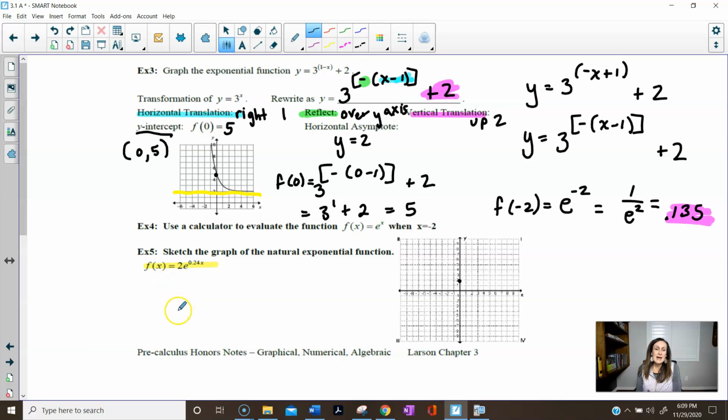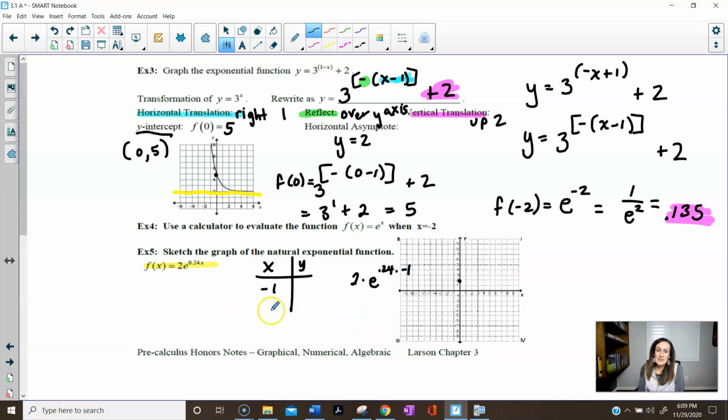All right, so if I were to make a quick table and plug in -1, this would be 2 times e to the 0.24 times -1.